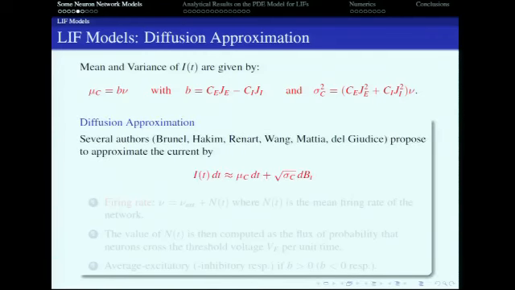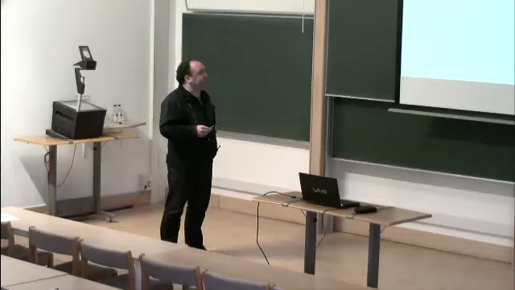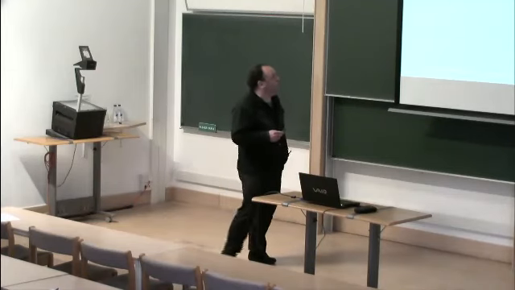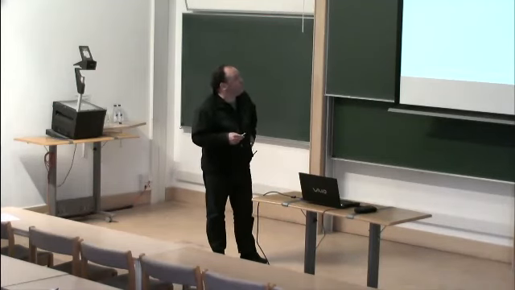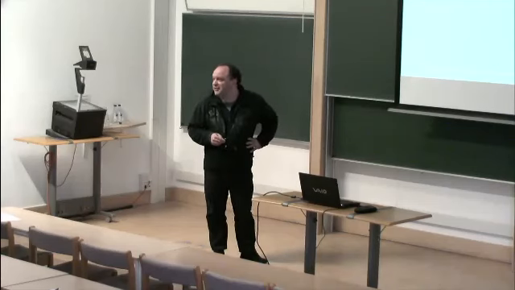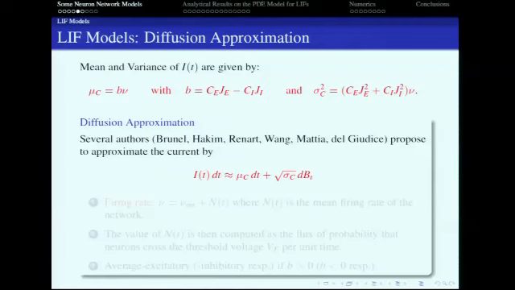And then what many people have done in order to reduce it to something which admits an analytic treatment, and all these people I mentioned here are not mathematicians, they are all computational neuroscientists or neuroscientists. Nicolas Brunel is in Paris 6, Hakim is in École Normale Supérieure, Renard, I don't know what it is, but somewhere in the US. These people are in Italy. So all these people proposed to approximate the current by what they call the diffusion approximation.